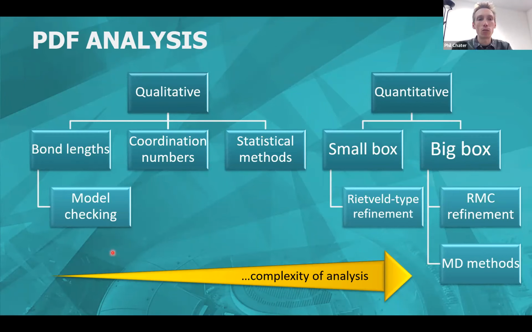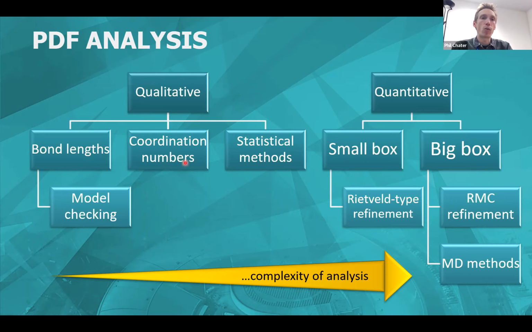So if your model doesn't agree with your observed PDF, then you know your model is wrong. It's really powerful for checking models from different types of simulations against your real observed local structure. Because if the PDF matches, then you've got a good tick to say, yeah, my model's consistent with that. It's probably right. If your model doesn't match your PDF data, you know it's wrong.